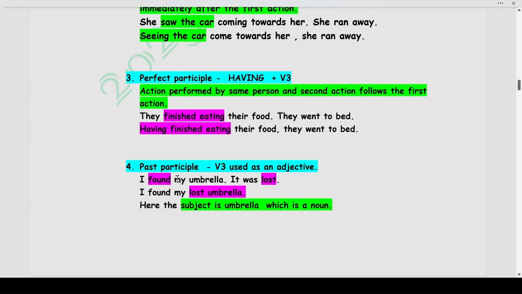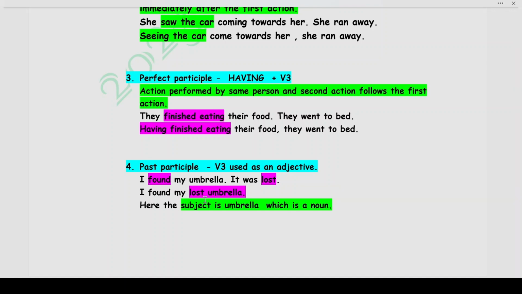Next, in what case can we use participles? In past participle form, in V3 form as an adjective. I found my umbrella, it was lost. Now, why do I have to use two sentences? I have to combine them. So I found my lost umbrella. Now here the verb lost is being used in the past participle form as an adjective.